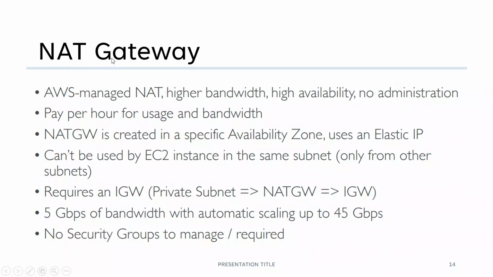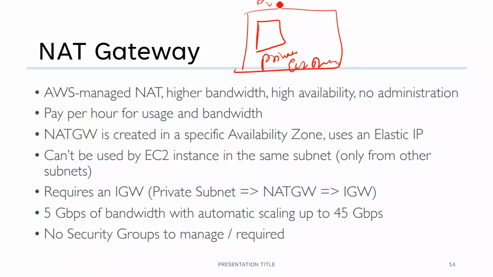For example, you have a private EC2 instance in your private subnet. Even though it will not accept any incoming connections, it needs to communicate with the outside world for, for example, updates or patches.